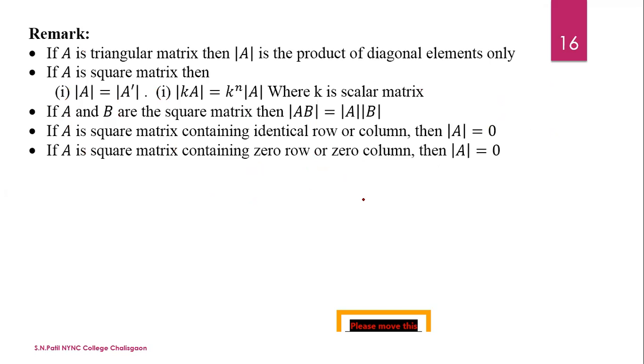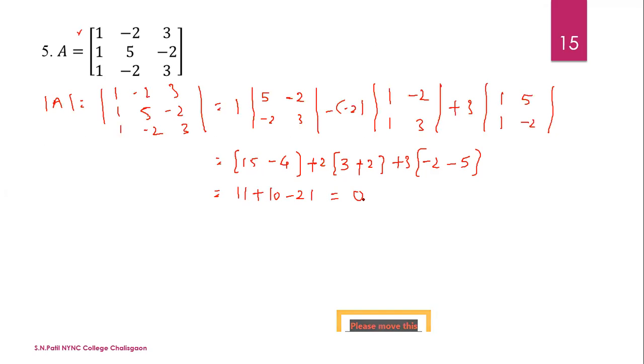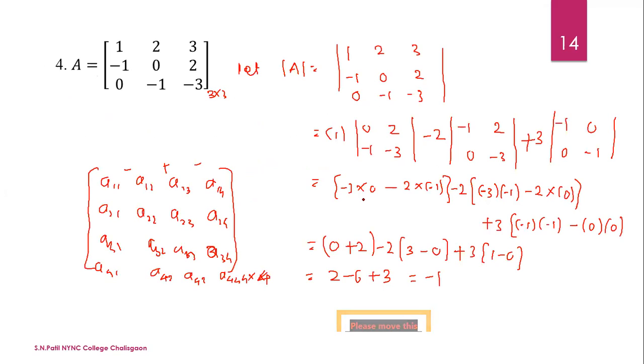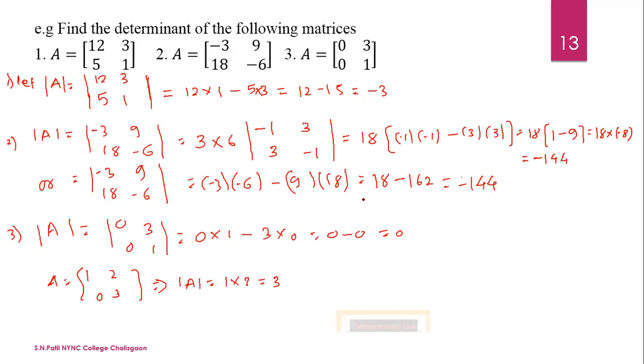Now next, we have solved determinants, then we come across some results. In the first problem, when there is a 0 row or 0 column, then the determinant is 0.